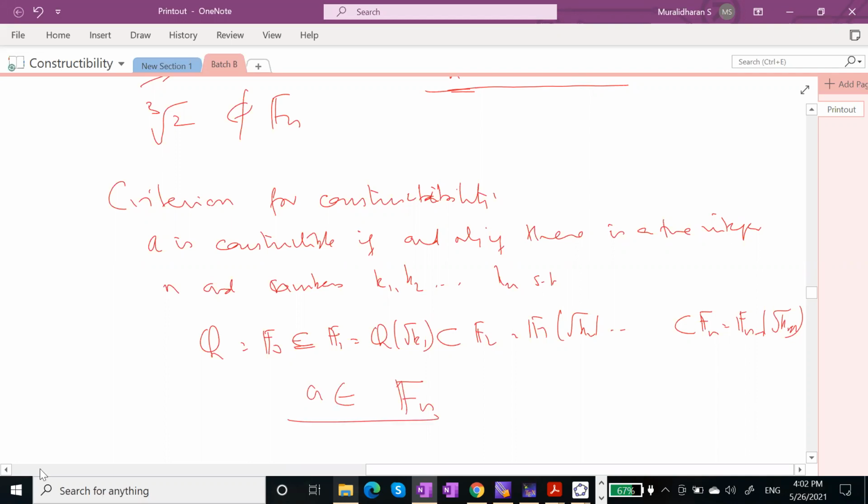Only then. So whenever I want to show something is constructible, I have to show this sequence.